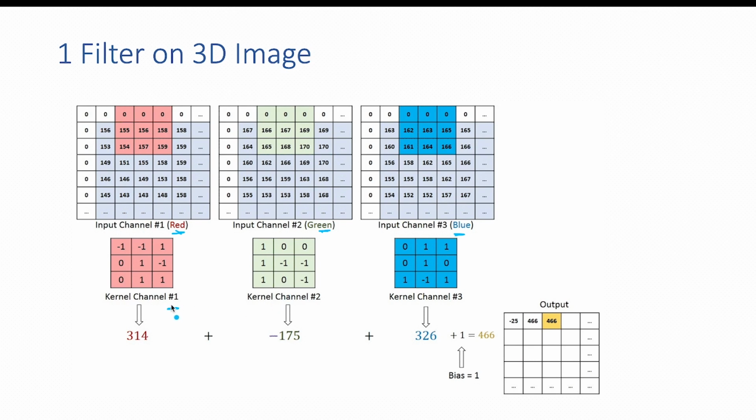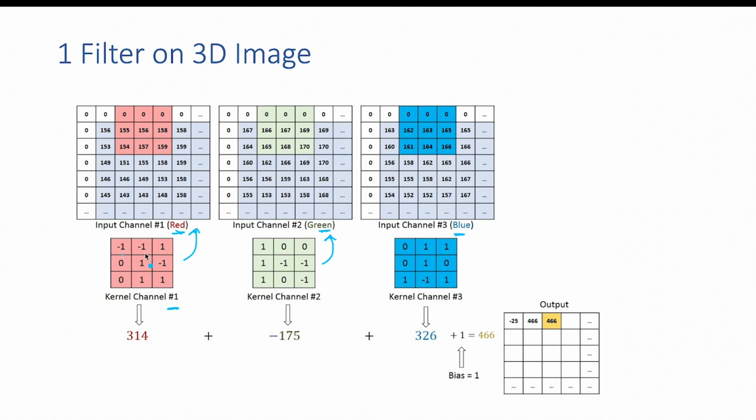And the kernel also is broken down into 3 different channels. Each one corresponds to each one of these channels, right? The first channel of the kernel corresponds to the red channel. The second channel of the kernel corresponds to the green channel. The third one corresponds to the blue channel. So we use channel 1 to perform the convolution operation on this red channel data. Likewise, we use the channel 2 kernel to perform the convolution operation on green channel data, so on and so forth.